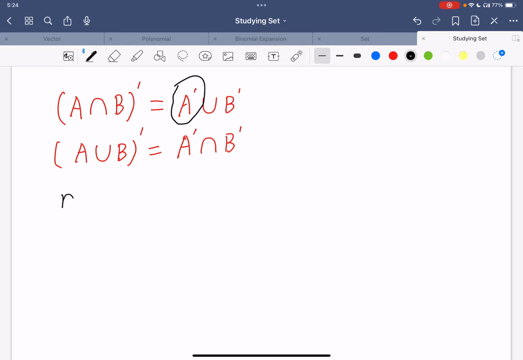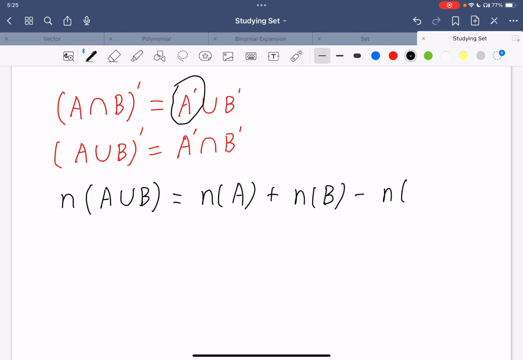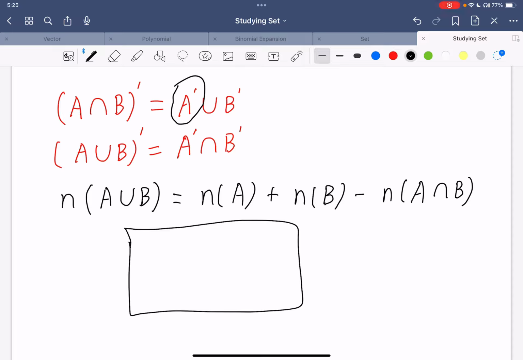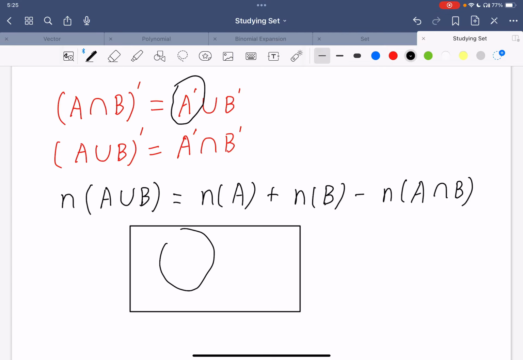And the next one: the number of A union B equals the number of A plus the number of B minus the number of A intersects B. Why is that? Using the same Venn diagram, we have two circles and three parts, right? So the number of A union B is 1 plus 2 plus 3.